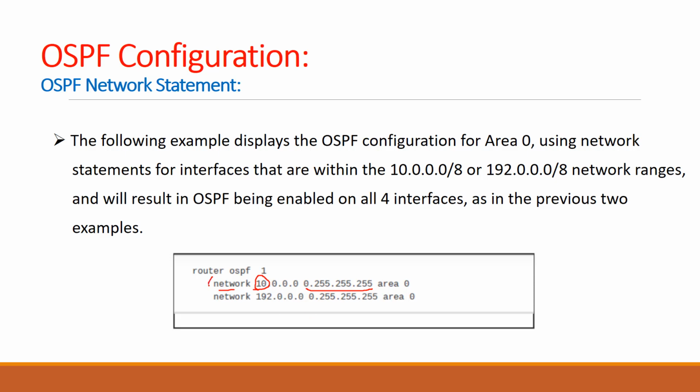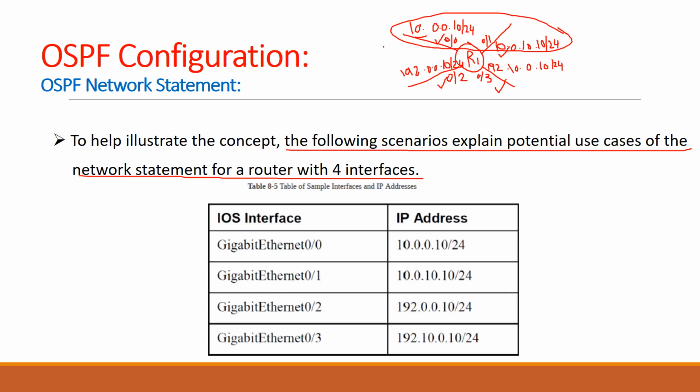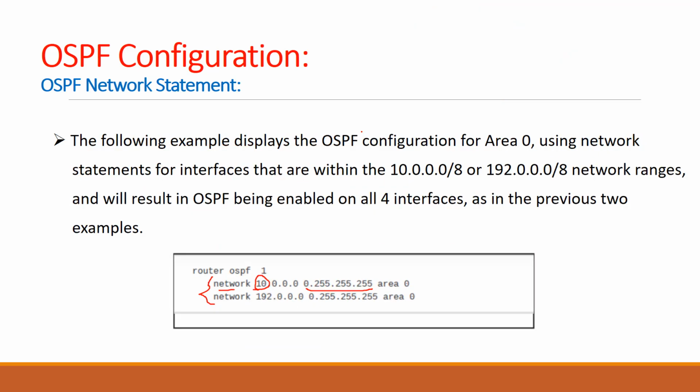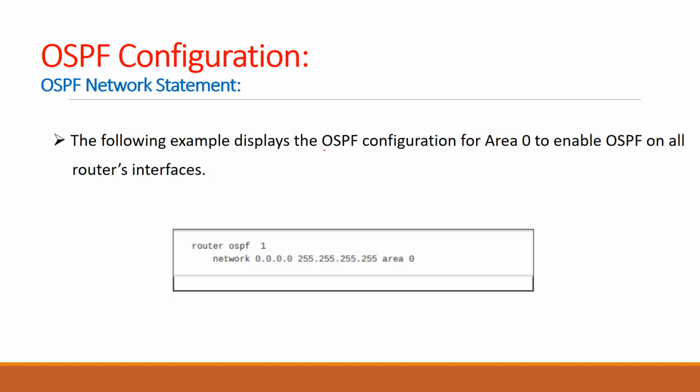So using only these two network statements, OSPF will be enabled on all 4 router interfaces, and they will all belong to area 0. There is a last example to enable OSPF on all router interfaces using this network statement: network 0.0.0.0 wildcard mask 255.255.255.255 area 0. This will enable OSPF on all router interfaces.